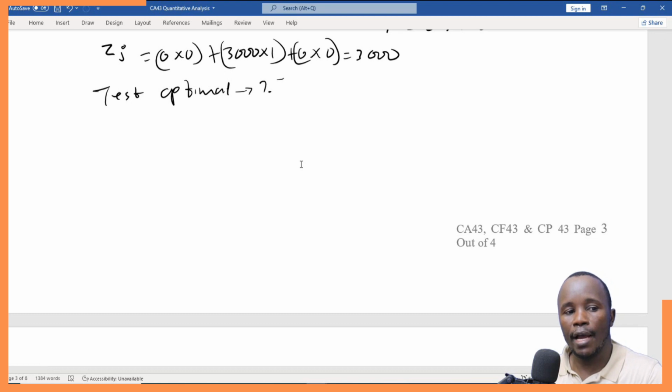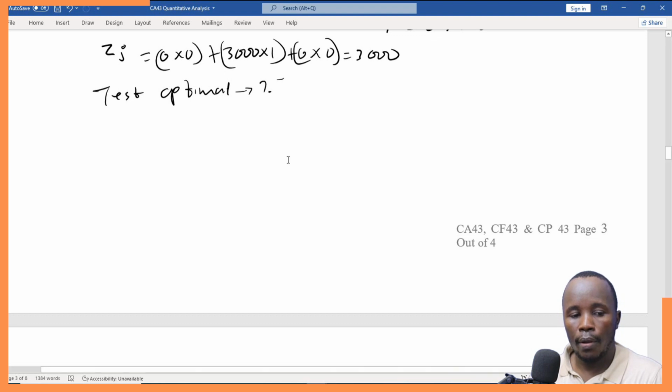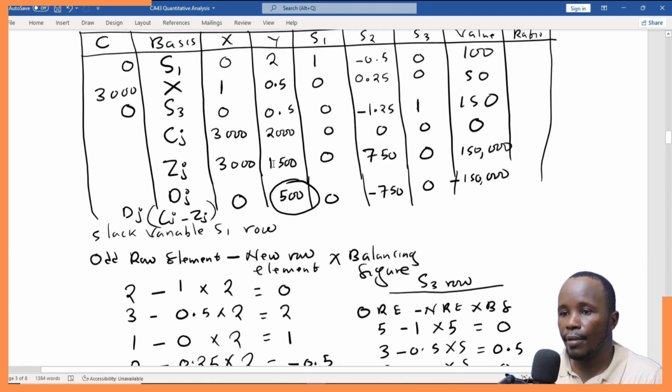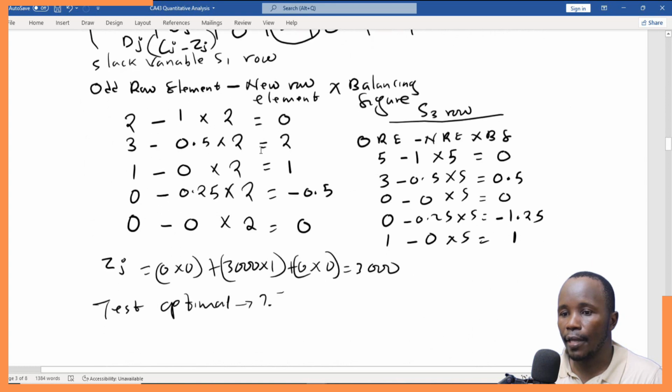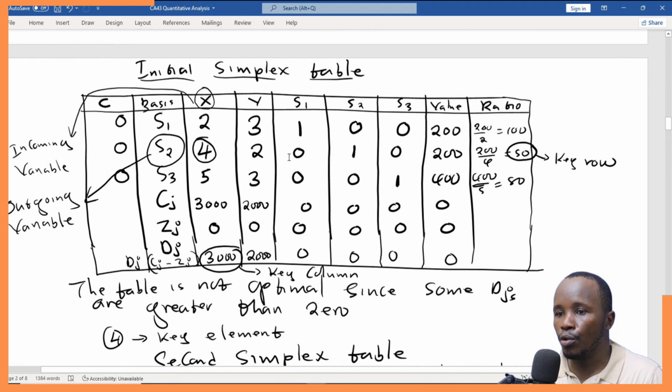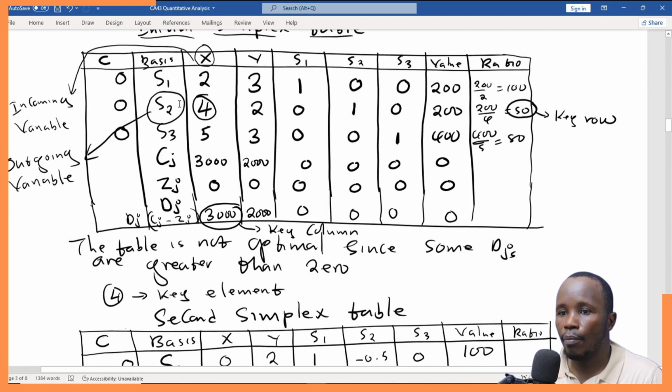We come here and create that simplex table. I need to emphasize something here.